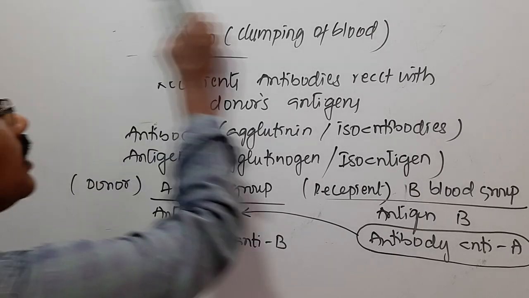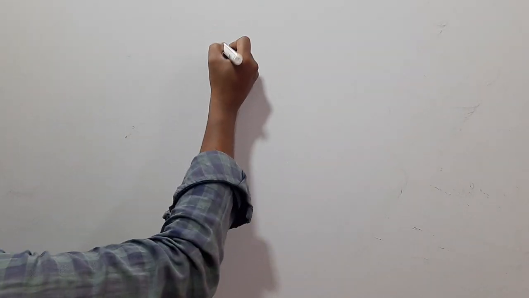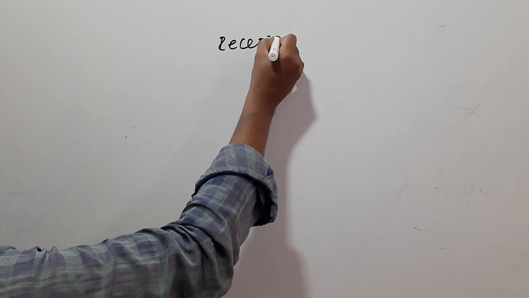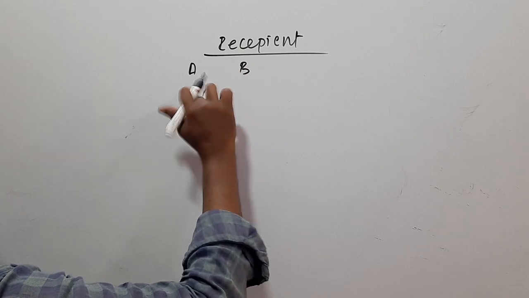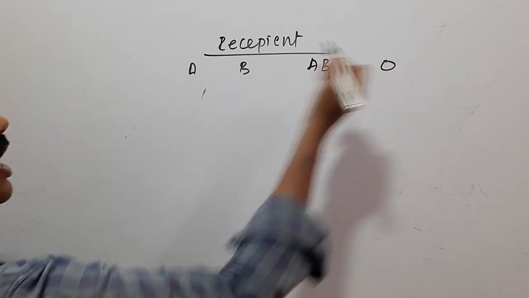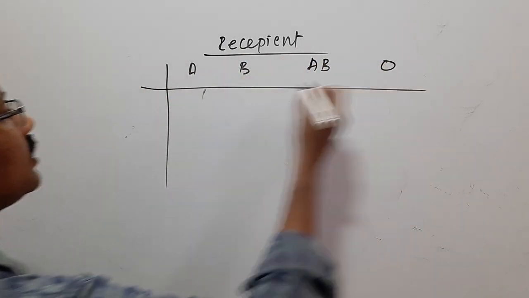I'll give a table with this. Recipients: we have A, B, AB and O blood groups.